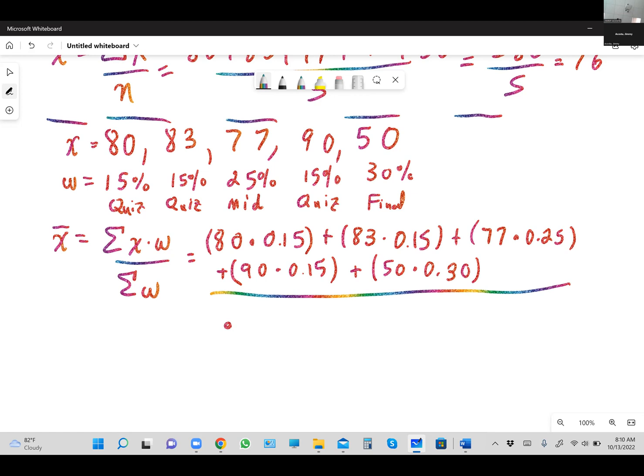Then I add 0.15 plus 0.15 plus 0.25 plus 0.15 plus 0.15.